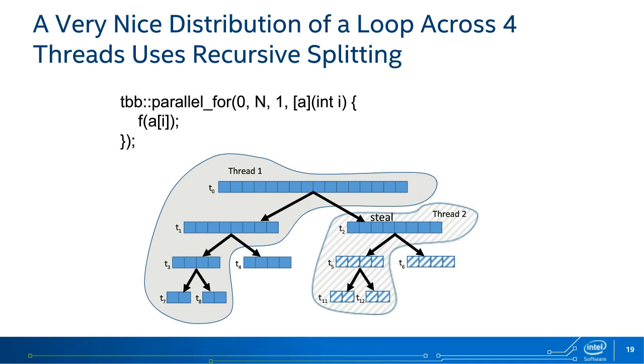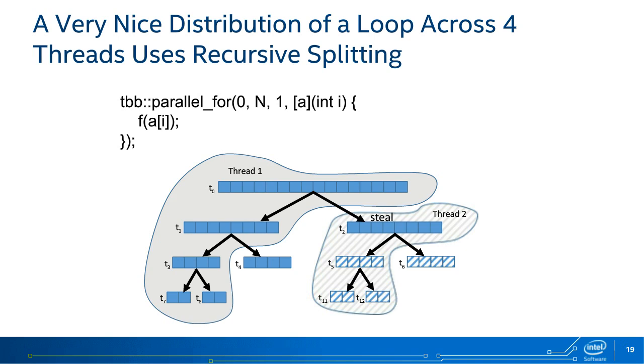And if a new thread comes along and wants to steal work, it probably wants to steal something that is far away, not contiguous with what the other thread is working on. That's what thread 2 did here. It picked a large piece of work, and it was far away from what thread 1 was working on. This is something that's going to naturally happen based on the way that the TBB task scheduler is architected.